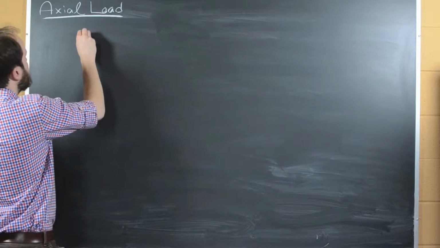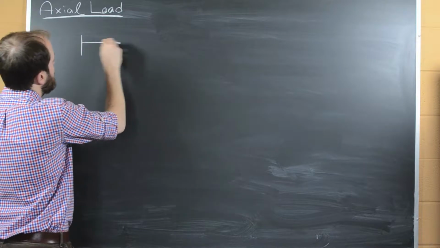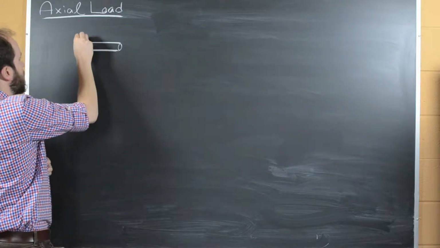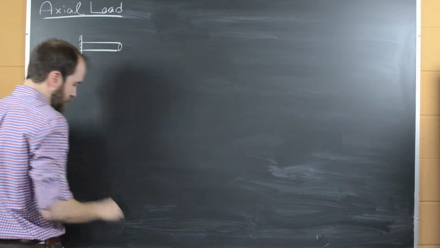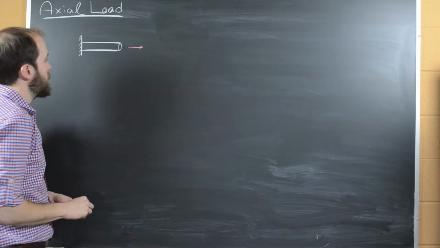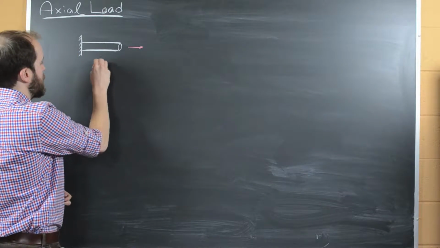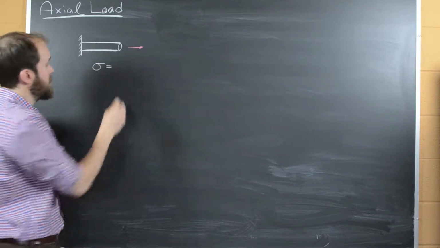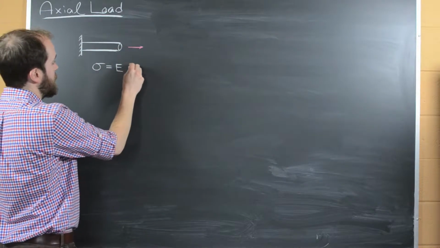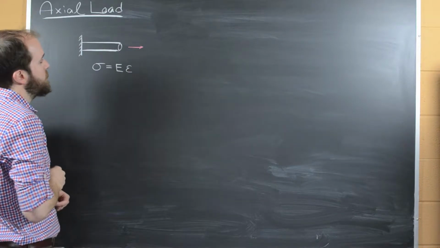And so we consider a cylindrical rod which is cantilevered on a wall, and we pull on it in the x direction. We know from Hooke's law that in the linear region, stress is going to be equal to the elastic modulus of the material times the strain.